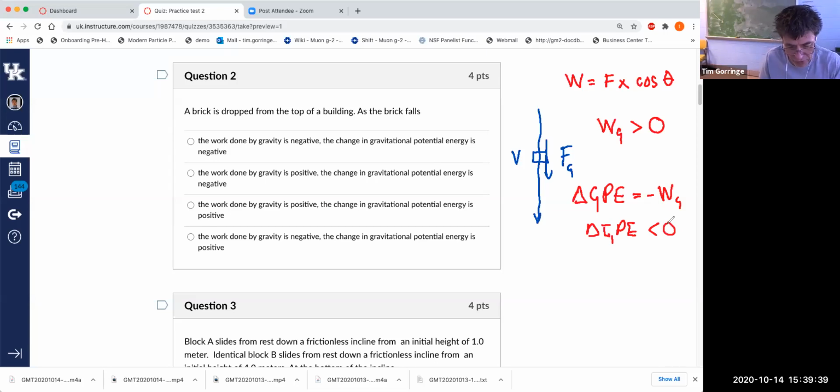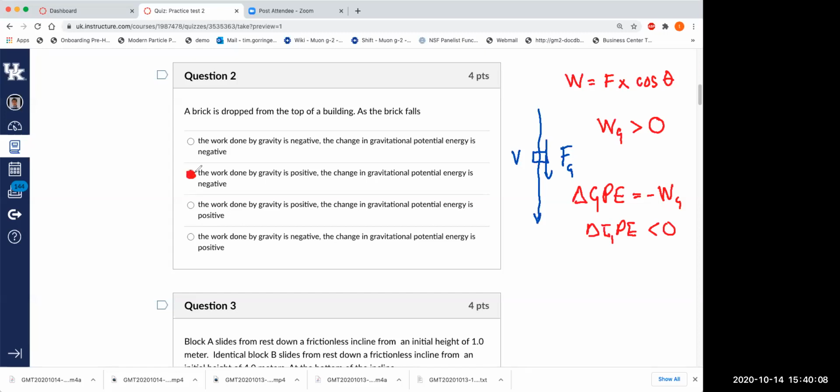So that's the situation for that problem. We are releasing gravitational potential energy, and that gravitational potential energy is actually going into the accumulating kinetic energy of the falling object. And so to answer that one, we want to look for work done by gravity being positive. That's the two middle ones. And gravitational potential energy change being negative. So I hope that was okay.